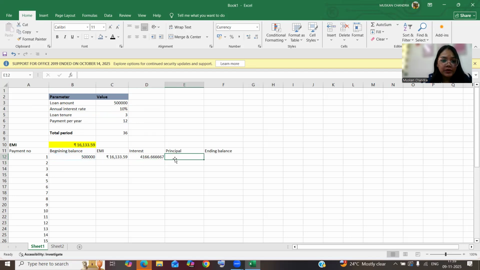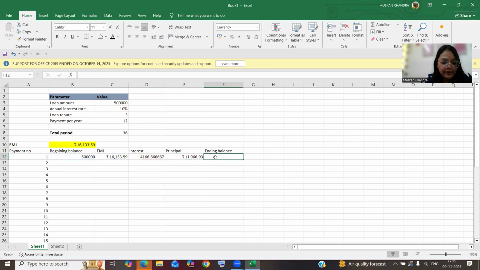Then moving on to the principal, we'll have equals to C12 minus D12. Enter.